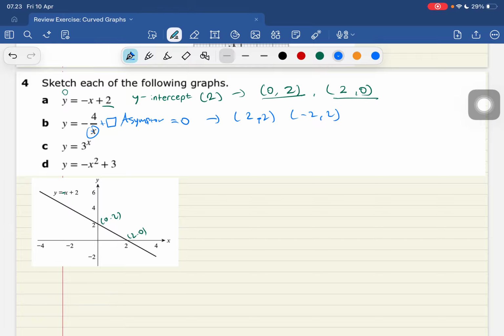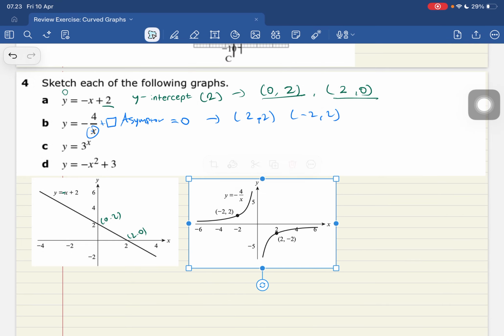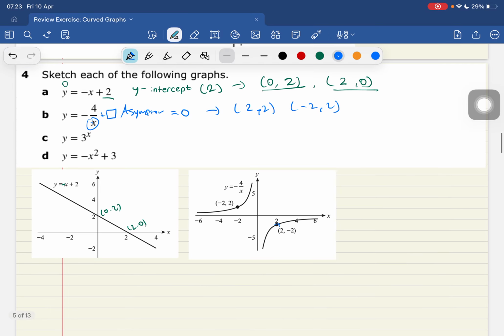Okay, we got the key points, so we can just sketch. Here I will make it perfect for the sketching. Here it is. So we got the 2 points here, and the asymptote, the line y equal to 0, that we will never touch.